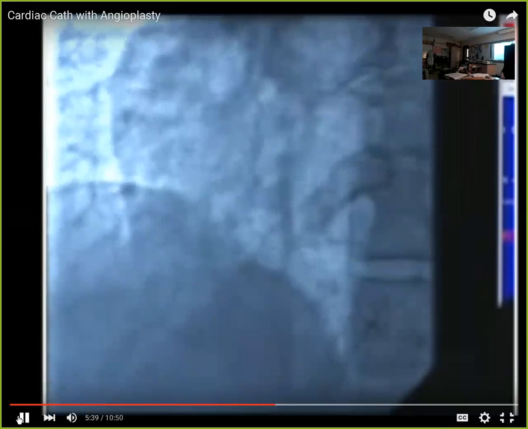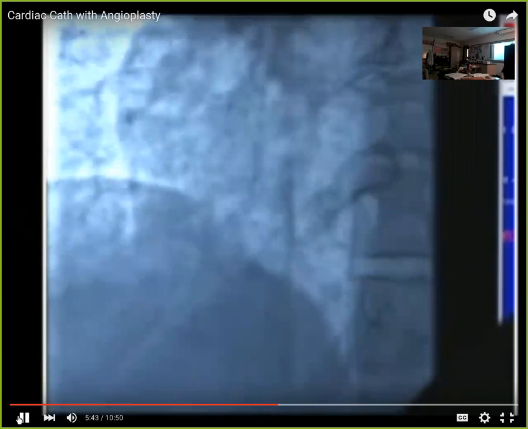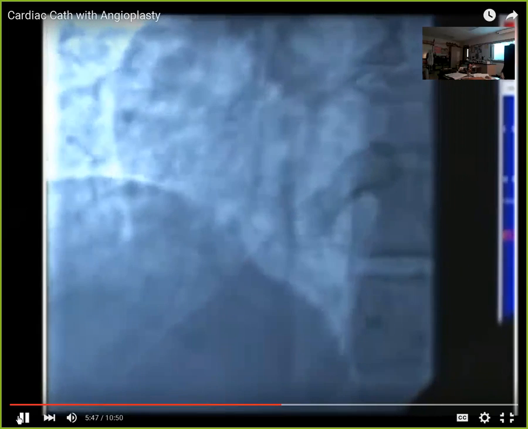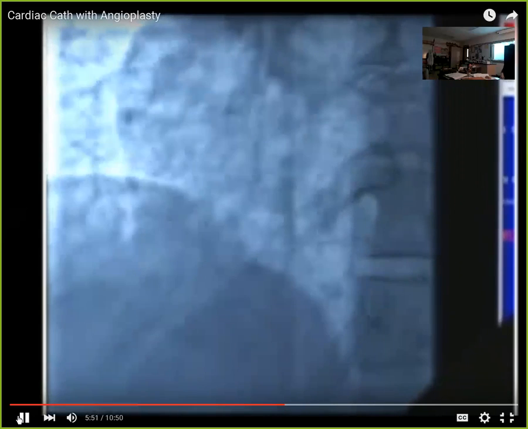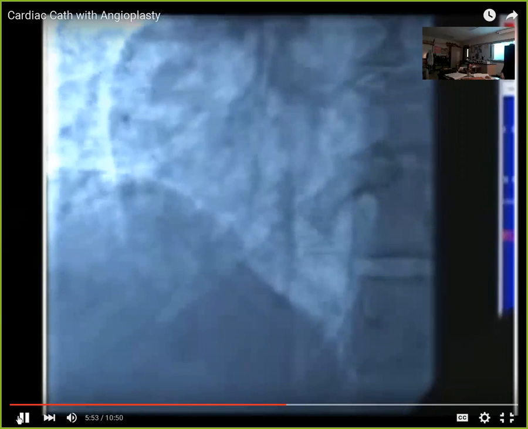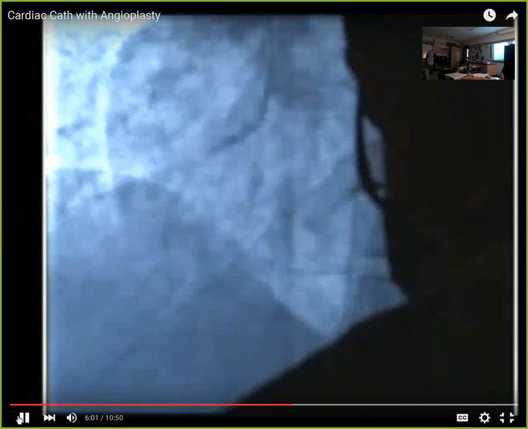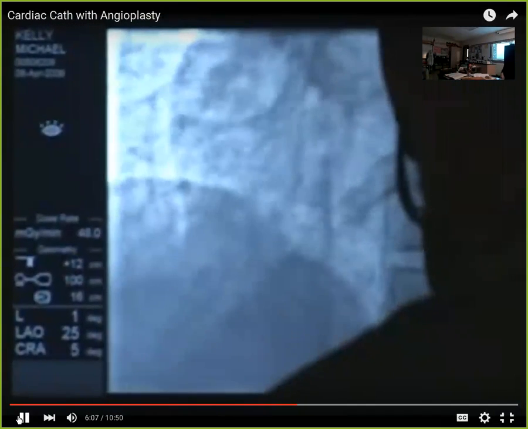So after one pass with the export catheter and one inflation with the balloon, the artery's open and we're able to see beyond the blockage now and see what work needs to be done to restore blood flow through the artery. So now we have the export catheter way down the artery here, way below the blockage itself, and we're withdrawing clot as we pull the catheter back through the artery.